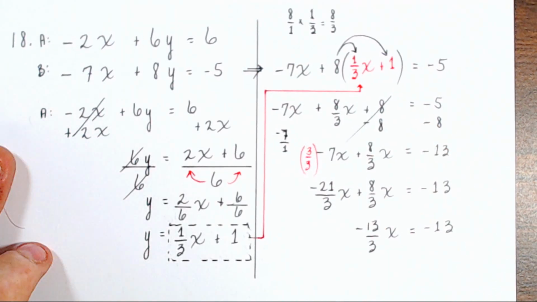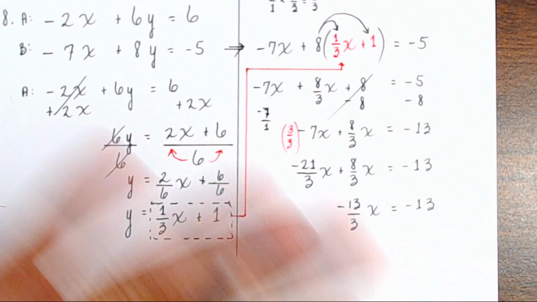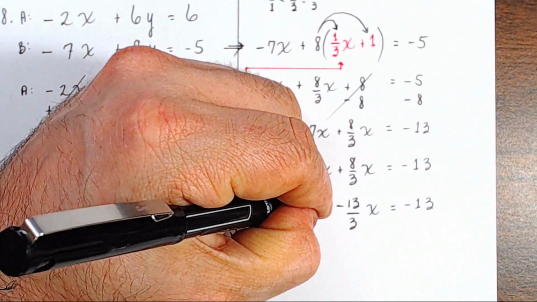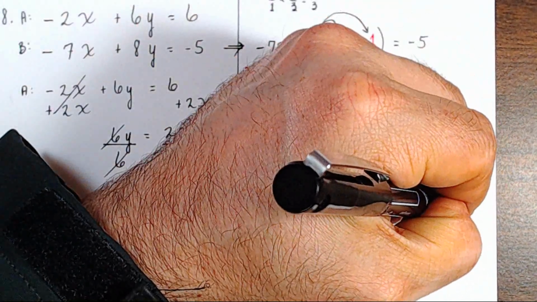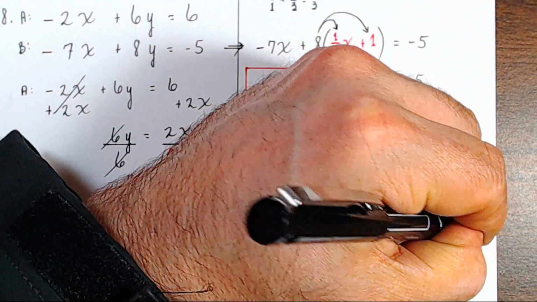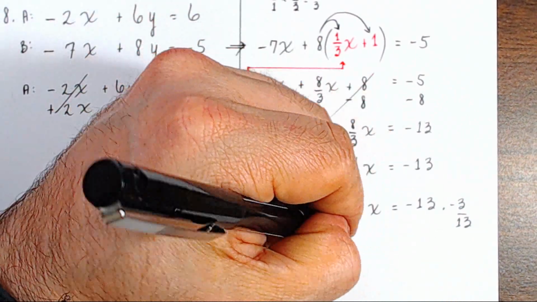So now I want to get rid of the negative 13 thirds. I want x by itself. So how do I get rid of a fraction? You multiply that fraction by the reciprocal. So I'll multiply by negative 3/13. And I will multiply the other side by negative 3/13. These cancel out.